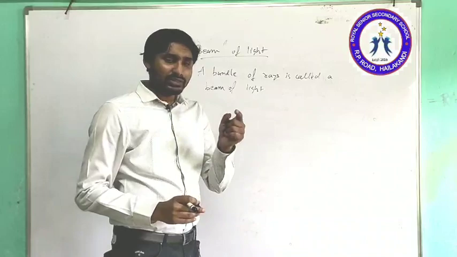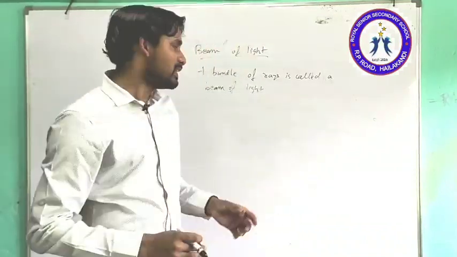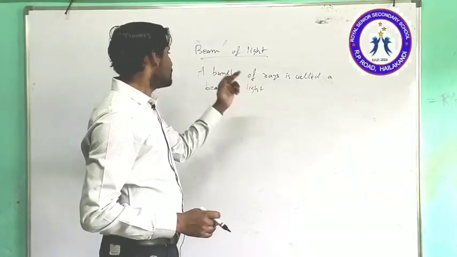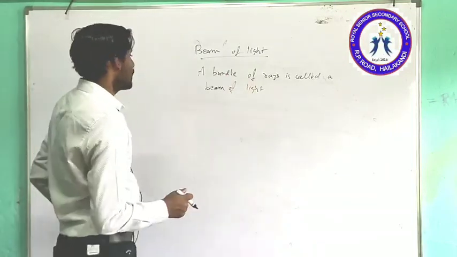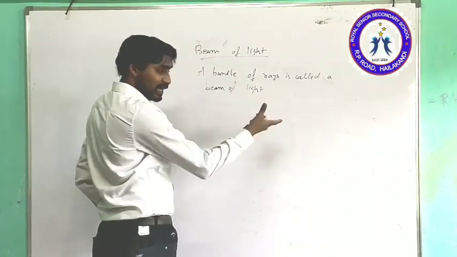Light will never come in one single ray. It will always come in a bundle of rays, and that bundle of rays is called a beam of light. A beam is again divided into three categories.